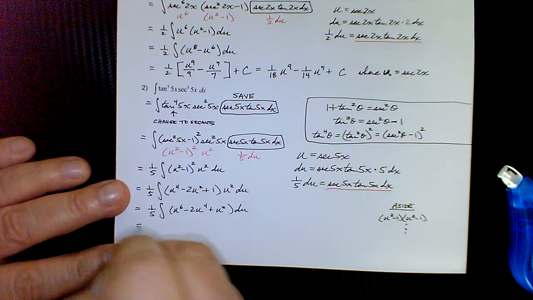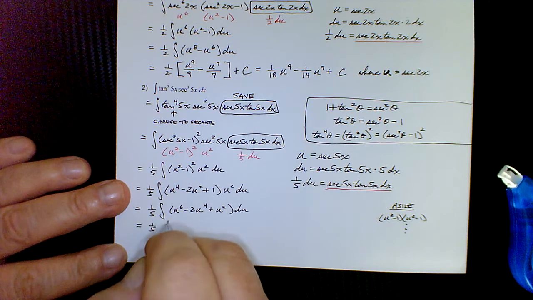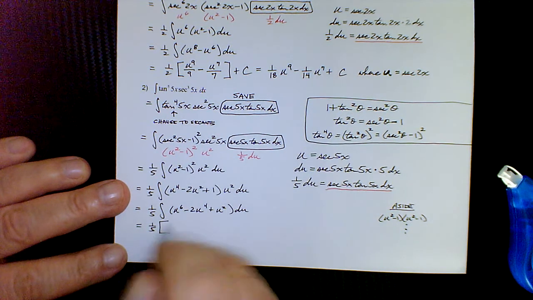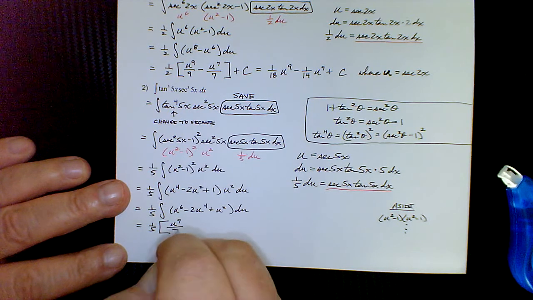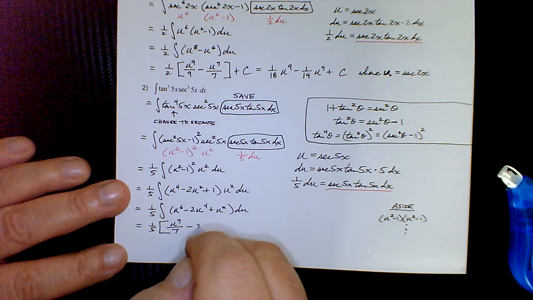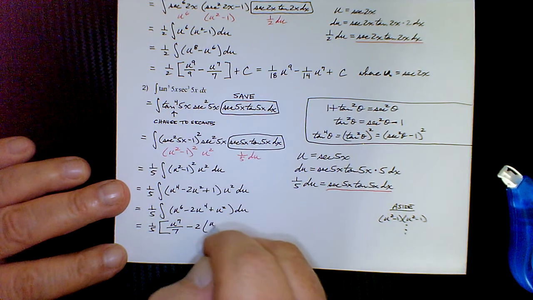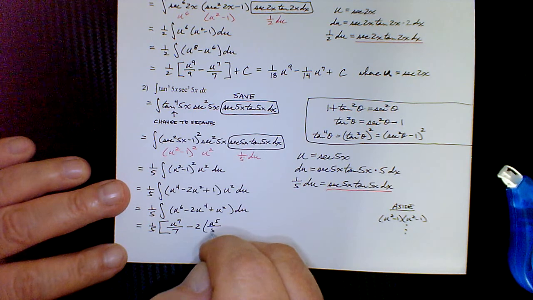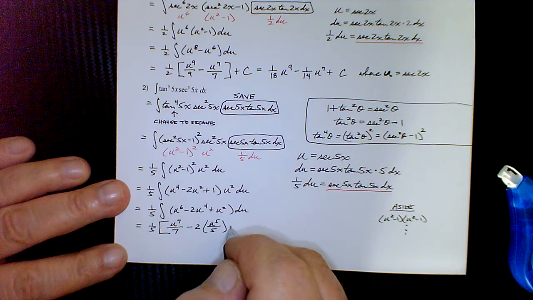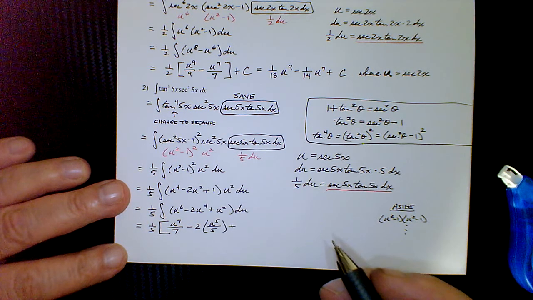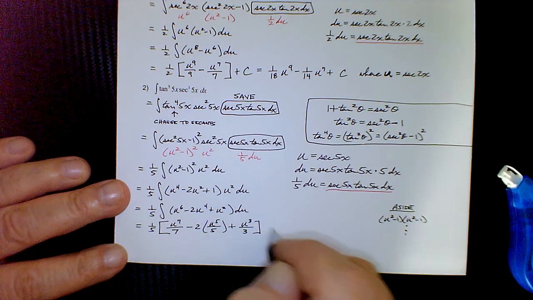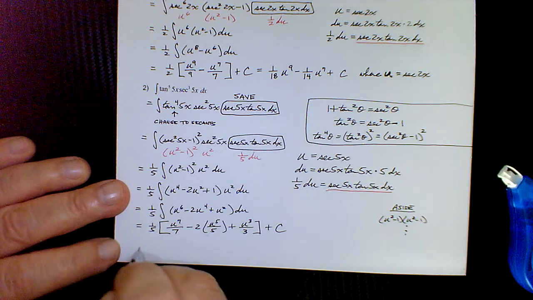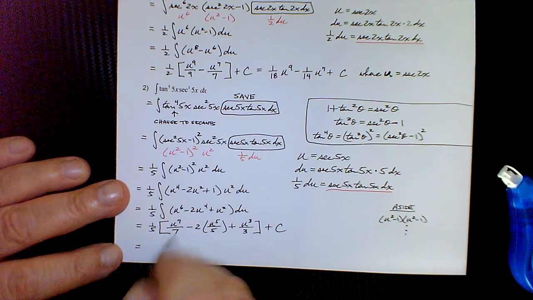And now we can finally integrate. So I'll leave the 1/5, open up brackets. u to the 6th integrates to be u to the 7th over 7, minus 2 tags along. u to the 4th integrates to be u to the 5th over 5. And plus u squared integrates to be u cubed over 3. Add our constant, and distribute the 1/5.